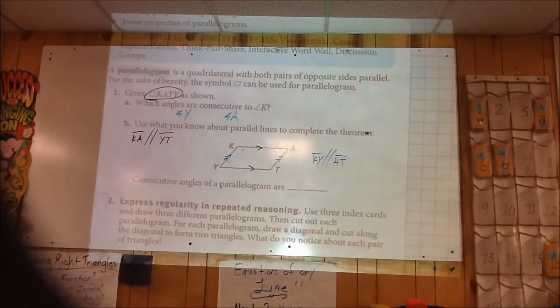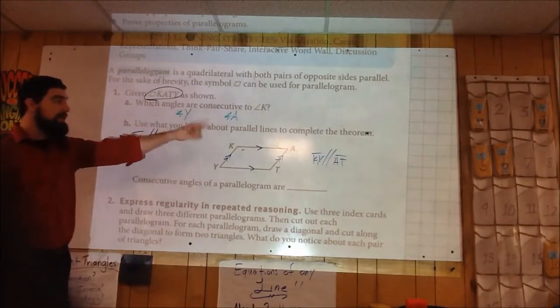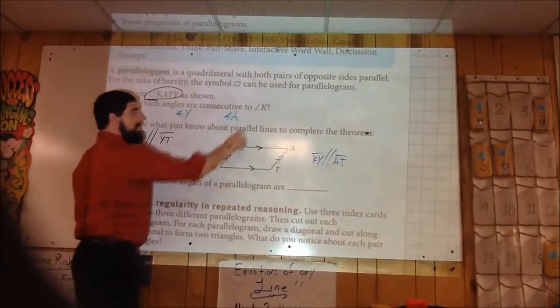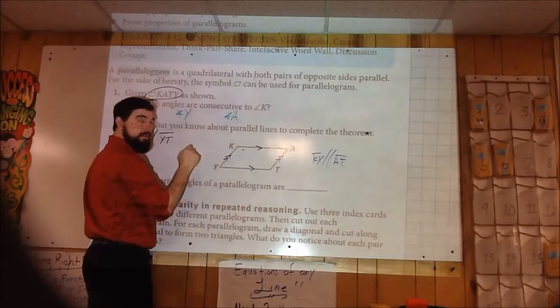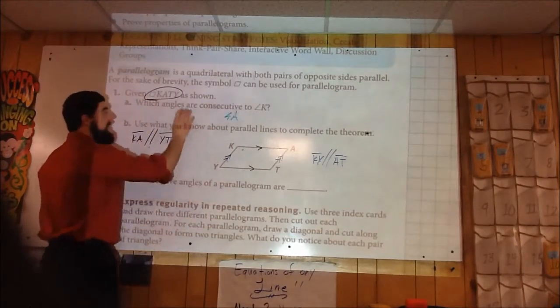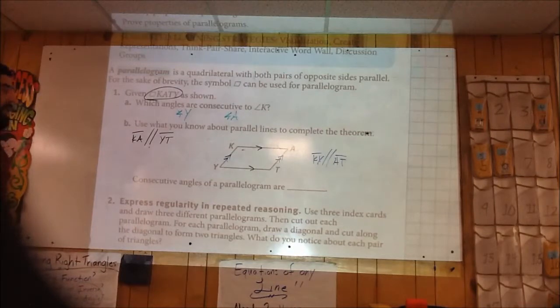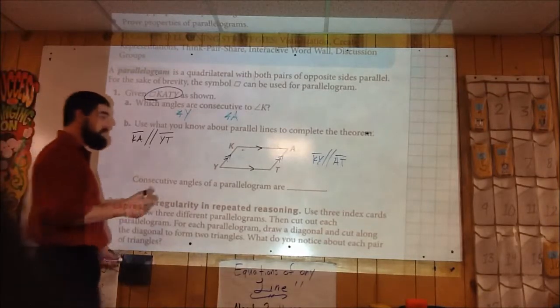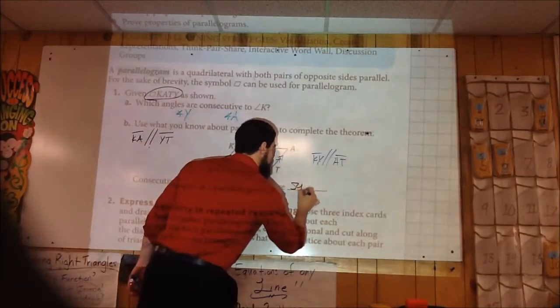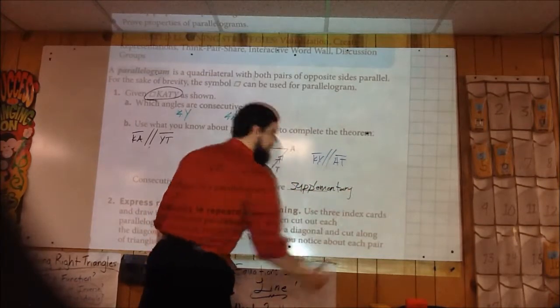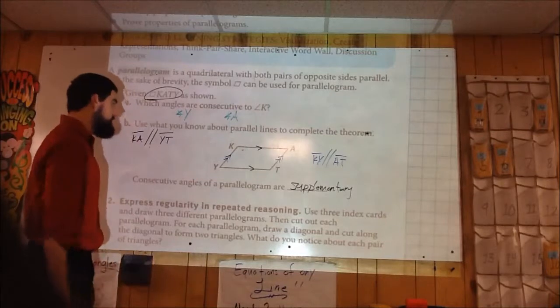So then it says, use what you know about parallel lines to complete this theorem. Consecutive angles, like angle K and angle A, also like angle Y and angle K, consecutive angles of parallelograms are what? Supplementary. How do you know that they are supplementary? Same side. Yes, ma'am.